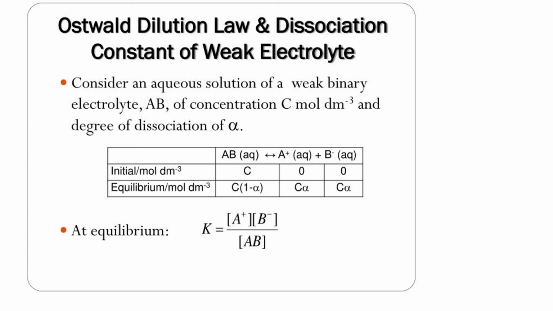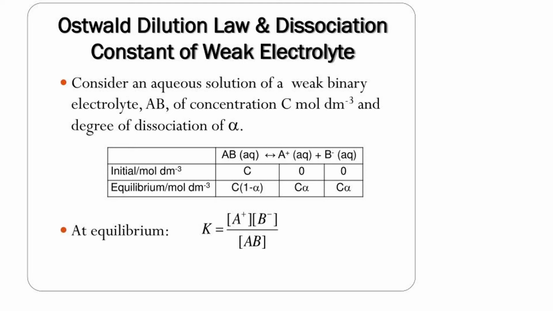So before coming to Kohlrausch's law, we can see the Ostwald dilution law and the dissociation constant of a weak electrolyte. So consider a weak electrolyte AB. On dissociation, we will get A plus and B minus in aqueous solution.